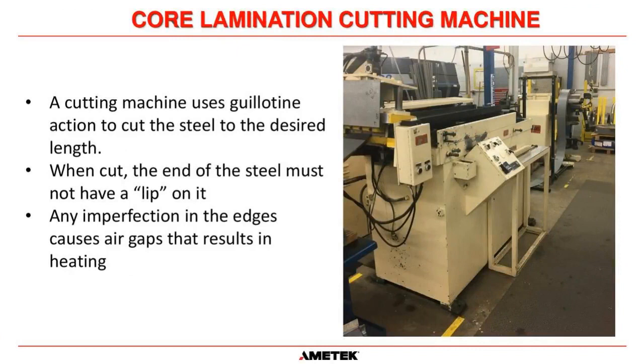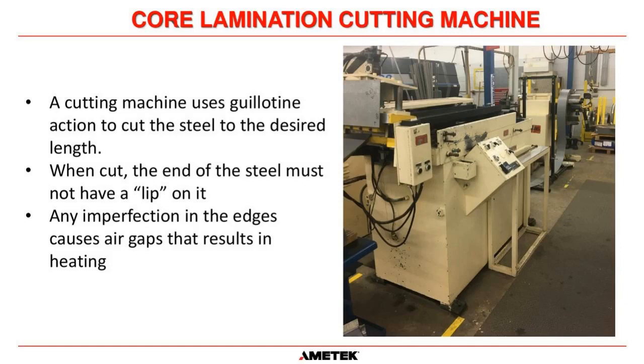It goes to the cutting machine shown right here. This cutting machine uses a guillotine type action across the end to cut the steel to the proper length. The width is predefined, but it cuts the steel to the proper length.